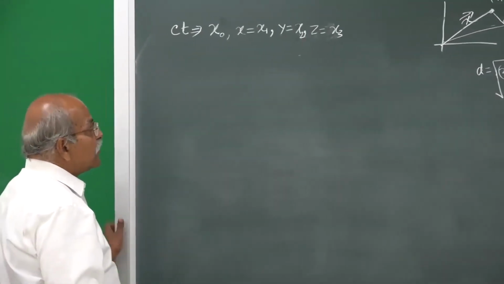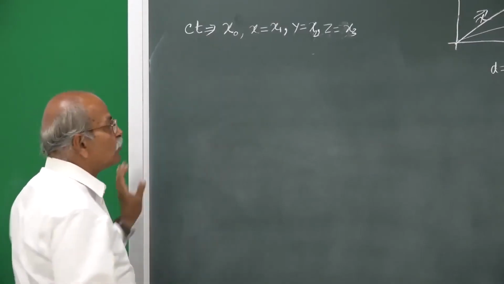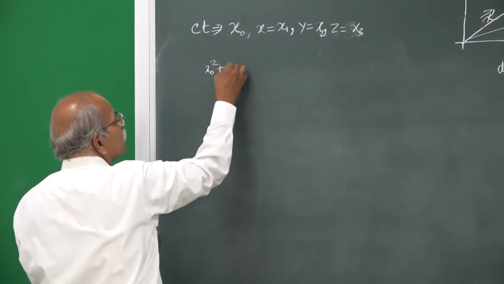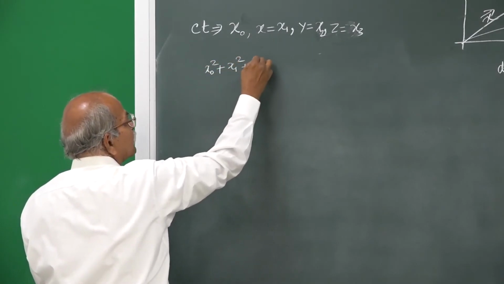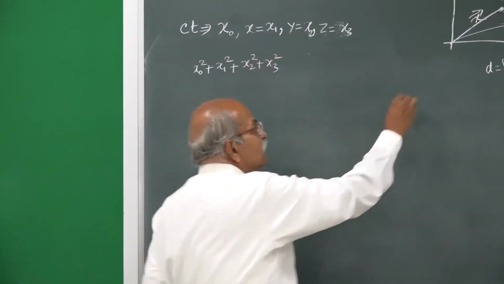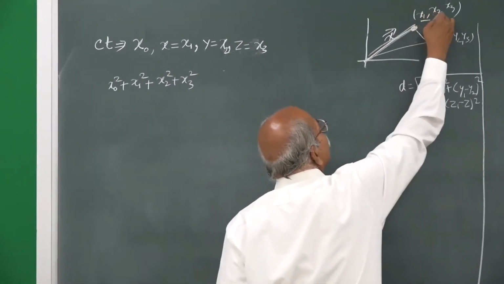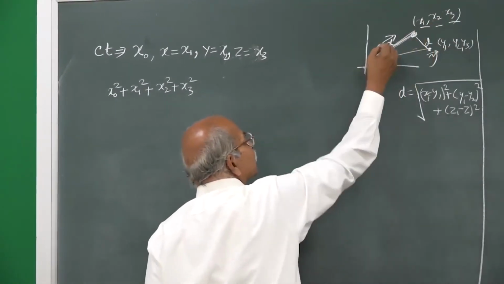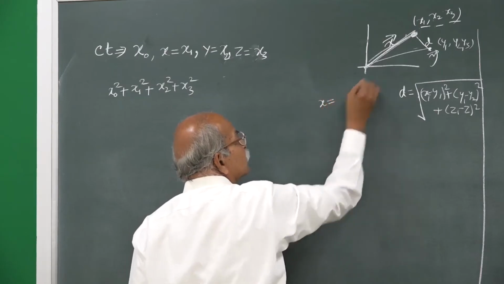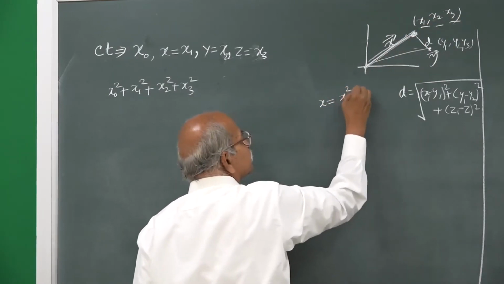If I try to write the magnitude of this, normally I would have gone for x0 square plus x1 square plus x2 square plus x3 square. Normally, if I want the magnitude of this, how will you write it? These are the coordinates, so you will say the magnitude of x is equal to this coordinate square plus this coordinate square plus this coordinate square.